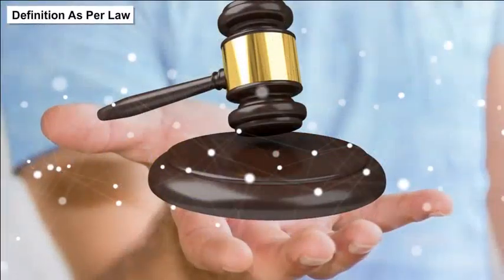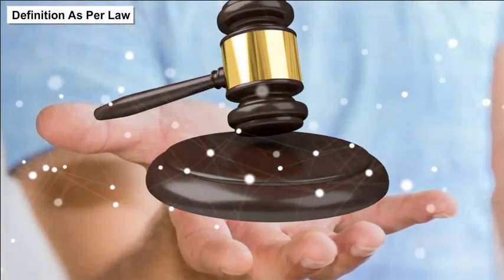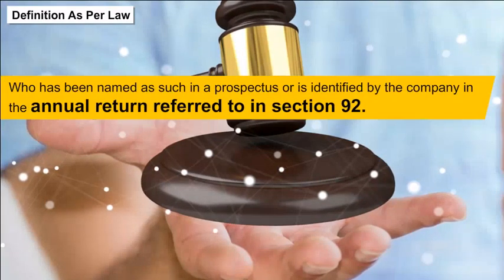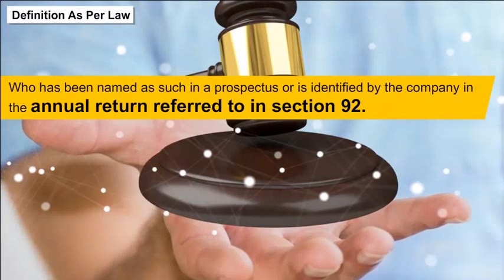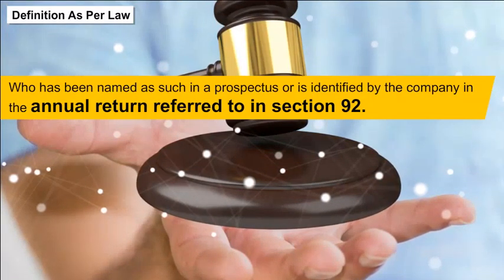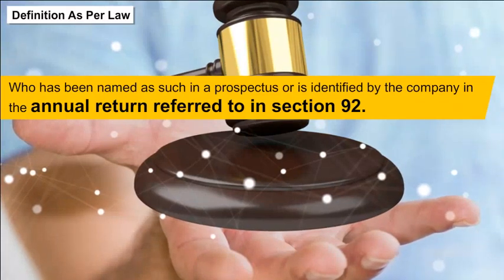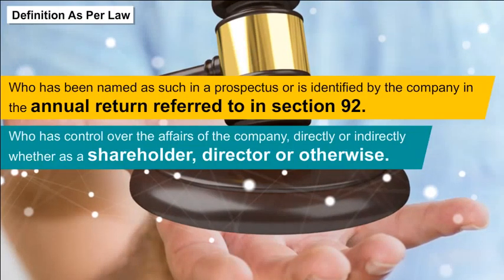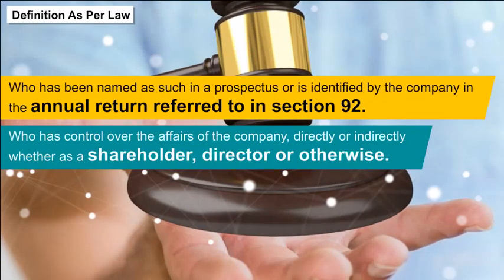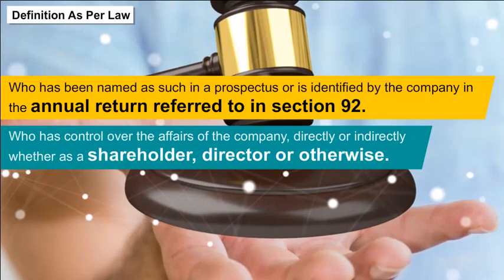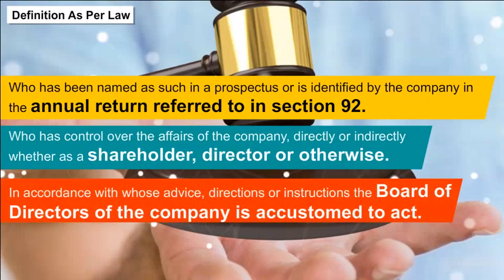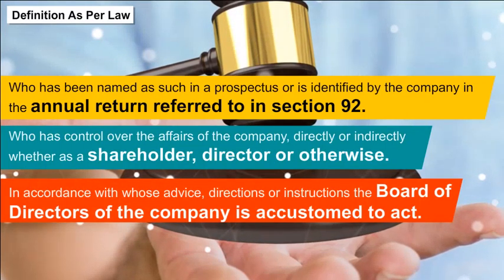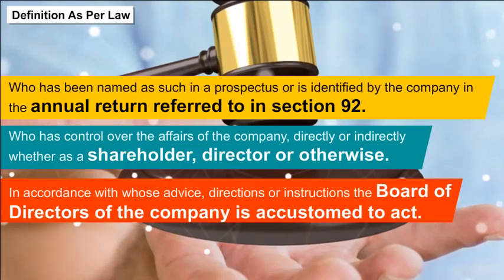Definition as per law. Under Section 269 of the Companies Act 2013, a promoter is A. Who has been named as such in a prospectus or is identified by the company in the annual return referred to in Section 92, or B. Who has control over the affairs of the company directly or indirectly, whether as a shareholder, director, or otherwise, or C. In accordance with whose advice, directions, or instructions the board of directors of the company is accustomed to act.